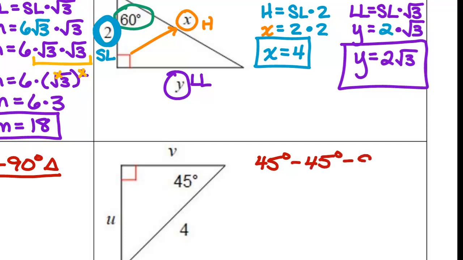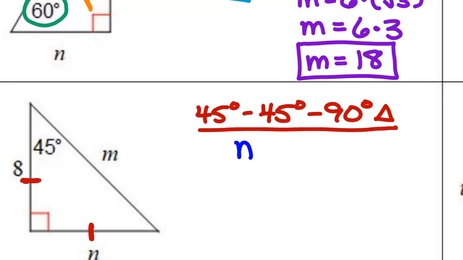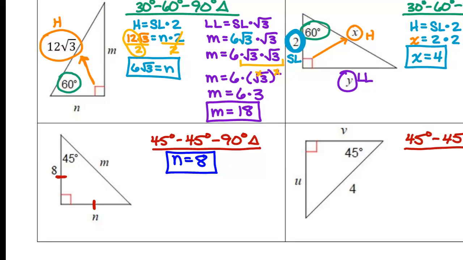I have 2 angles that are the same, so what would that mean about my sides? 2 sides are the same. It's never going to be the hypotenuse that's one of the congruent parts. It's the other 2 pieces. So that means that n on this triangle has to be 8. It is congruent to the other side there.